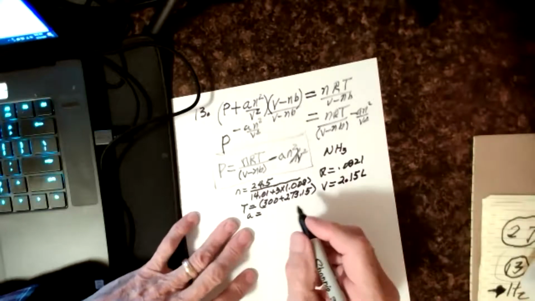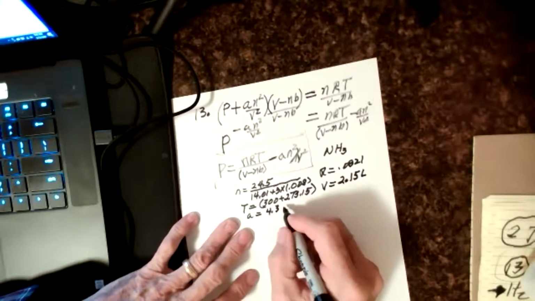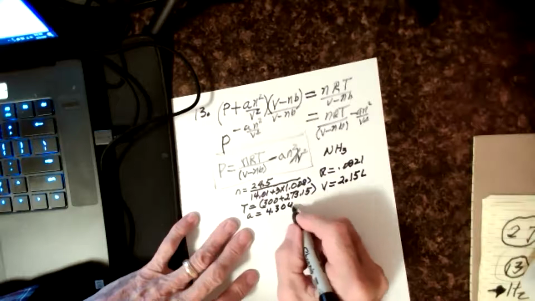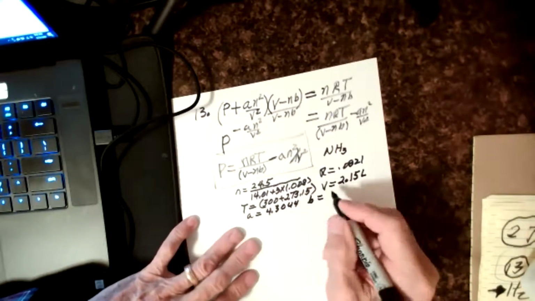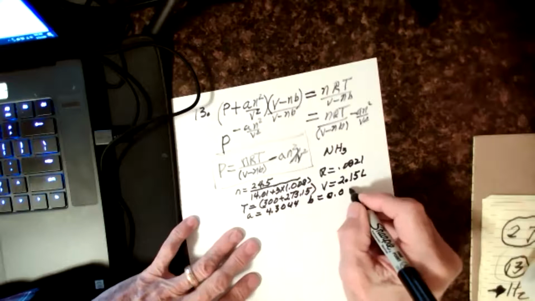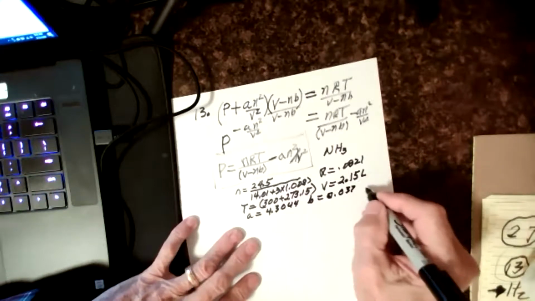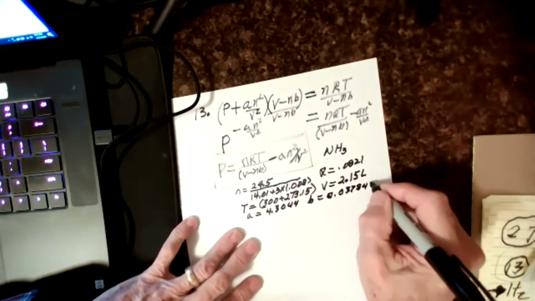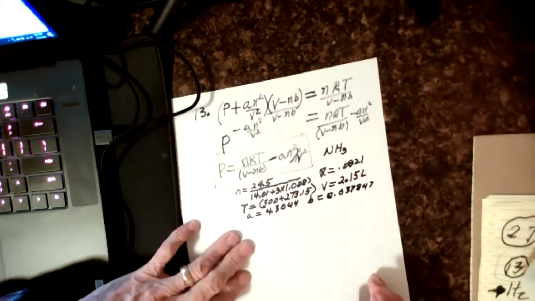The A value is 4.3044, and the B value is 0.03787. Okay, I got all my data in here.